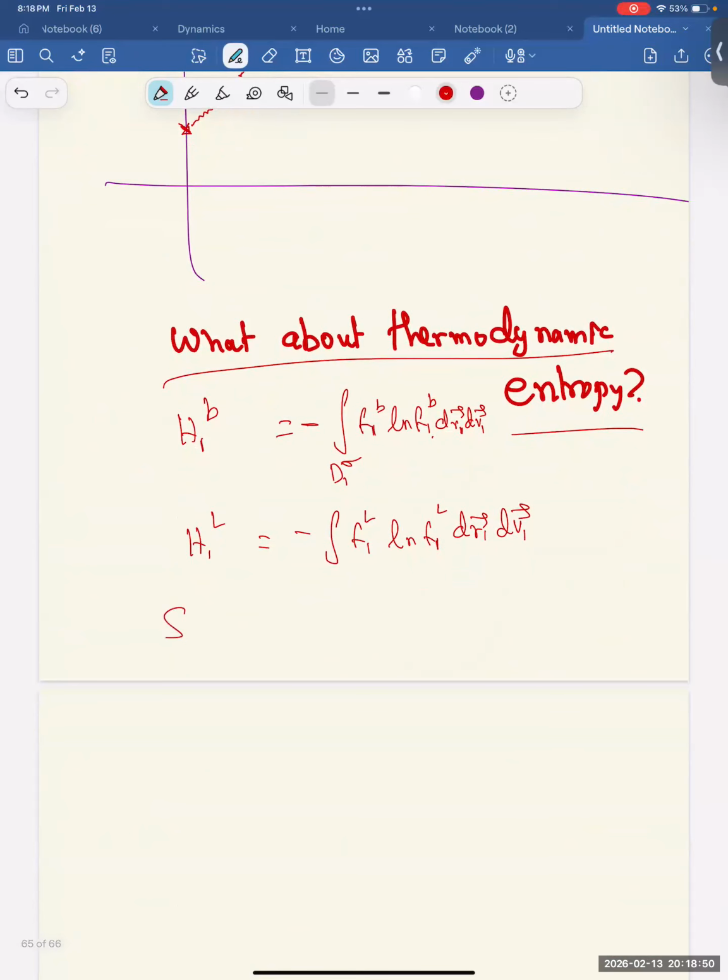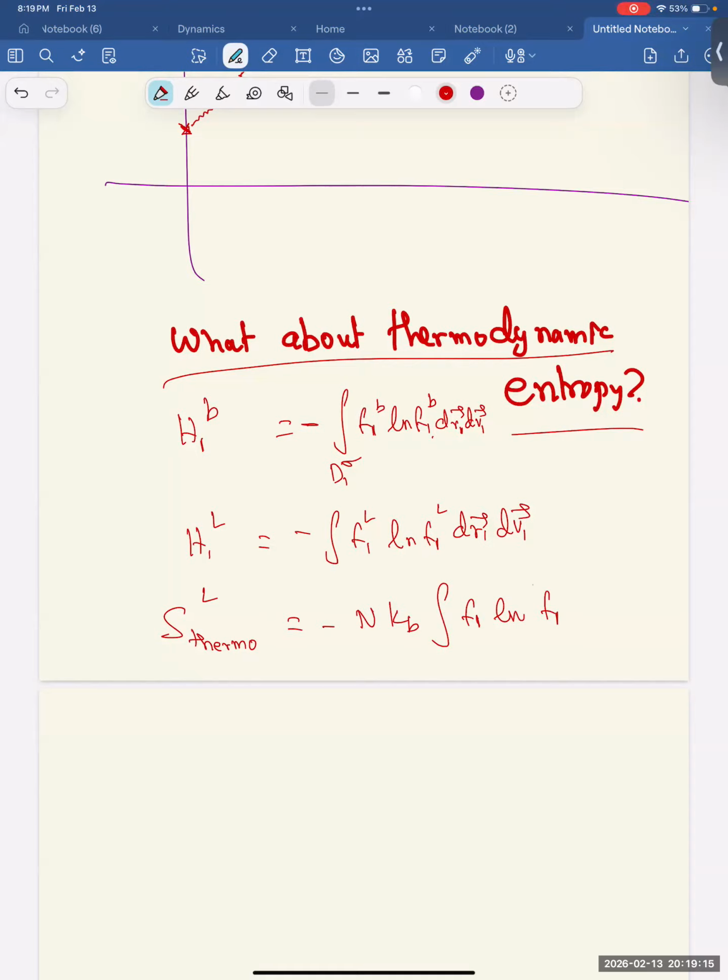In the same way, you can define S thermo. This is the thermodynamic entropy that you study in your first year of undergrad, or whenever you take your class. So this is N, KB. These are all constants for this given problem, so nothing controversial there. F1, we've seen before, ln F1.